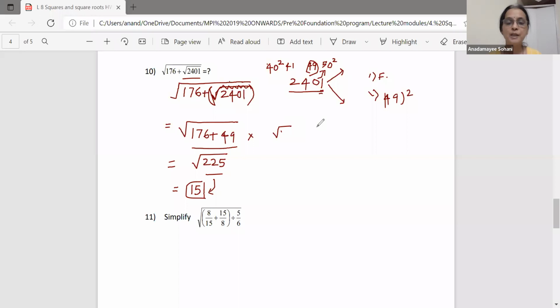It will not come out the same, because root 176 is not a perfect square. So root 176 plus root 49 will come to 7 plus some irrational number, which can never be 15. So keep cross-checking all the rules that we have learned. Our final answer will be 15. All right. Next question.